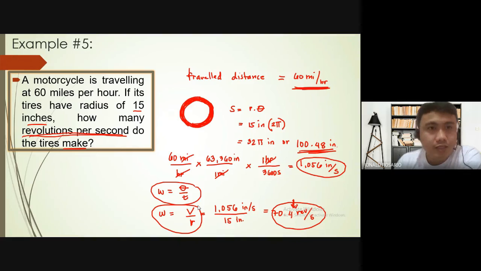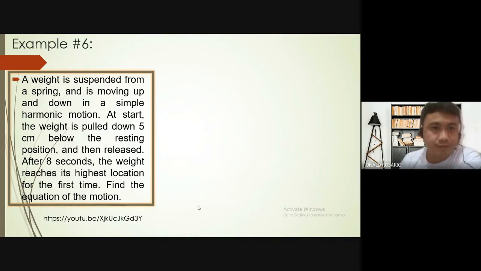Okay, so next one, example number 6. A weight is suspended from a spring and is moving up and down in a simple harmonic motion. Actually, yung mga nilagay nila dyan sa module niyo ay applications from physics, no? So, simple harmonic motion.